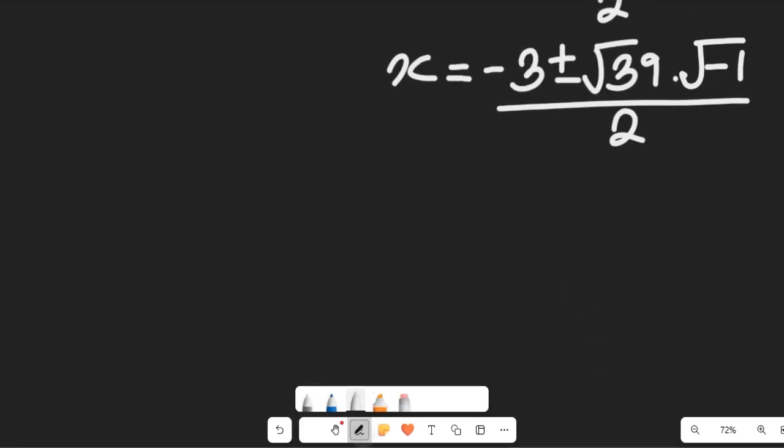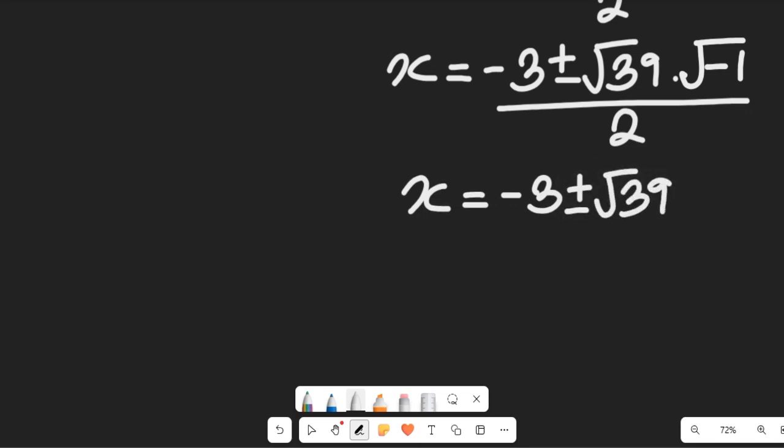We have the value of x equal to negative 3 plus or minus square root of 39 multiplied by j, and all of this will be divided by 2. So what do we have here?